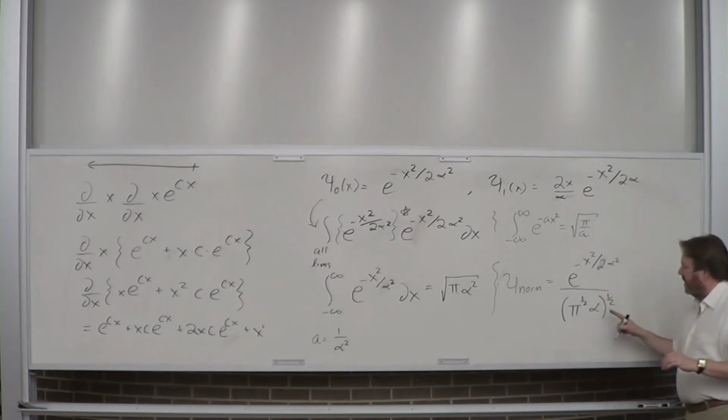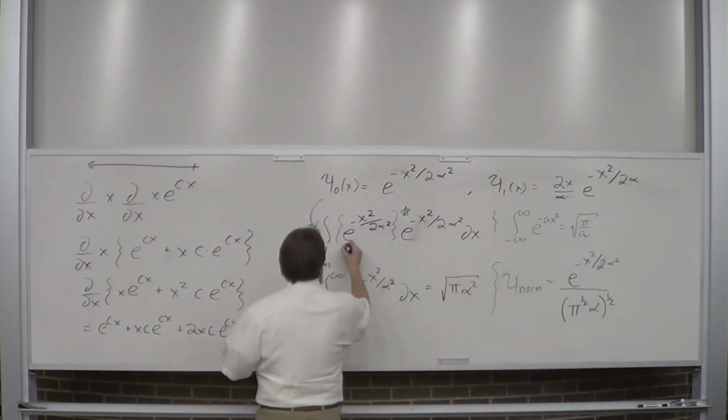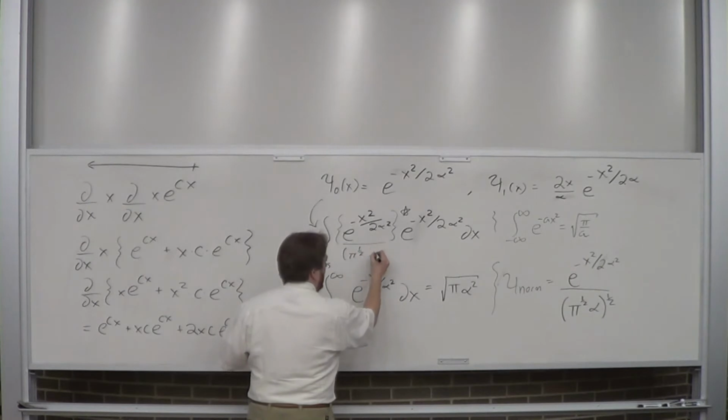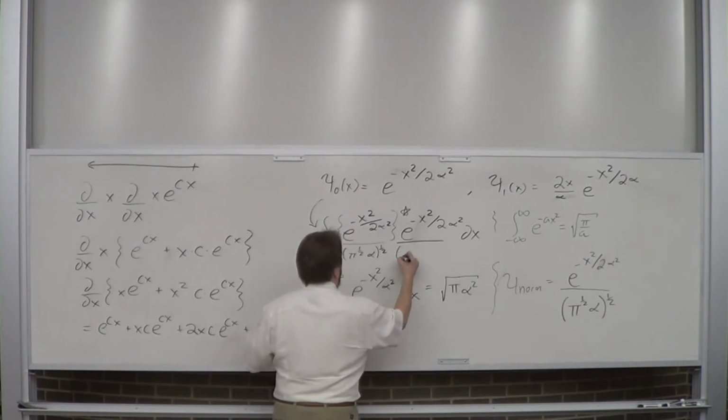Don't do that if you get confused. Square root, right? Because if you had that here, you see why? Because you have 2 of them.